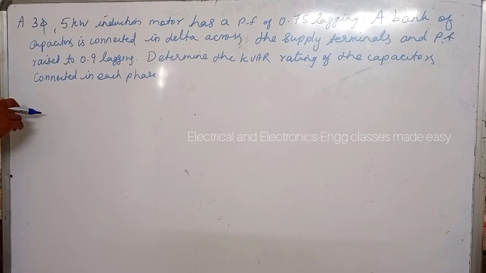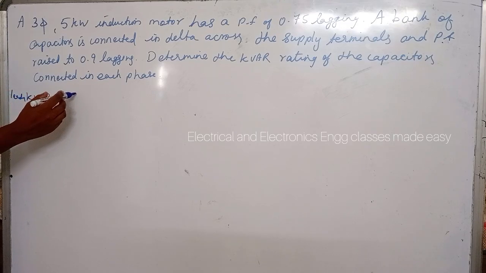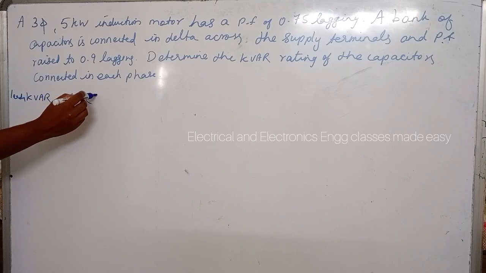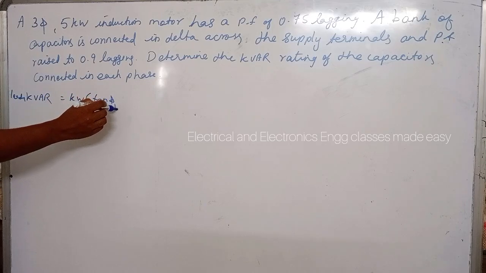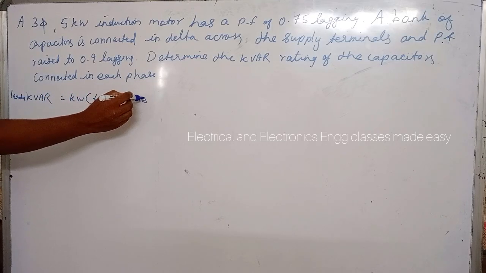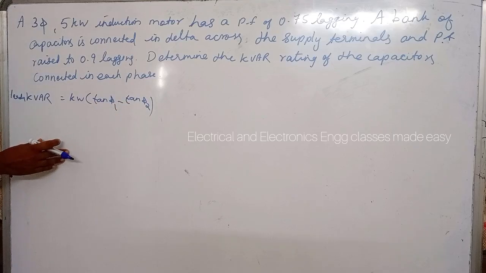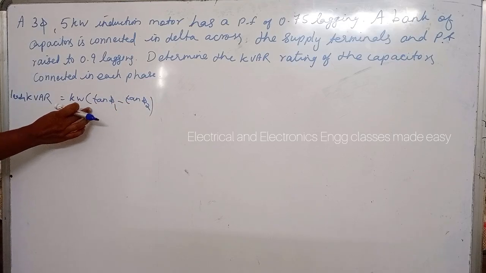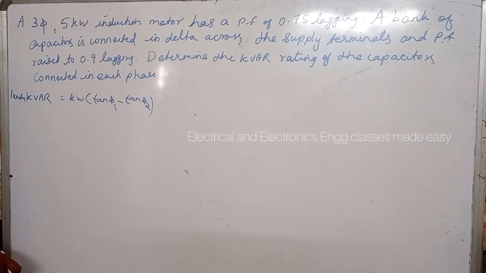For that we have the equation, leading kVAR is equal to kW into tan phi 1 minus tan phi 2. So for that we have to find the values of tan phi 1 and tan phi 2.